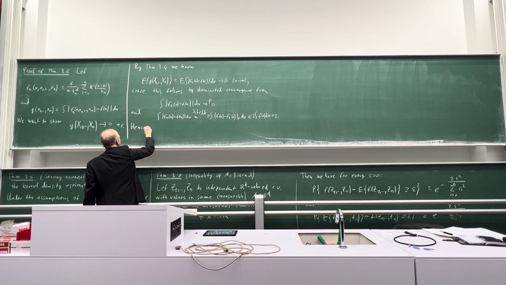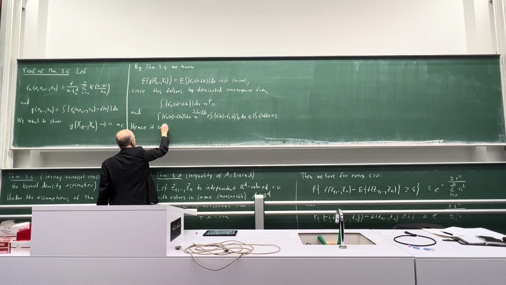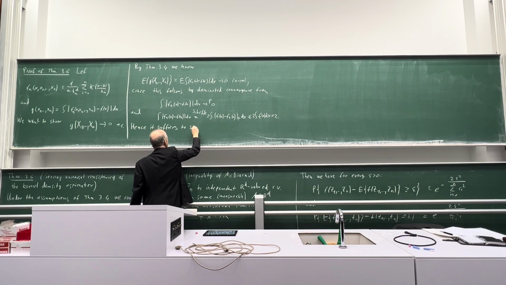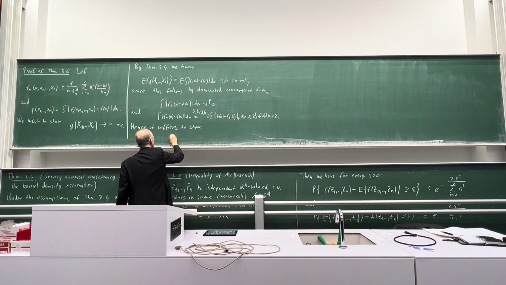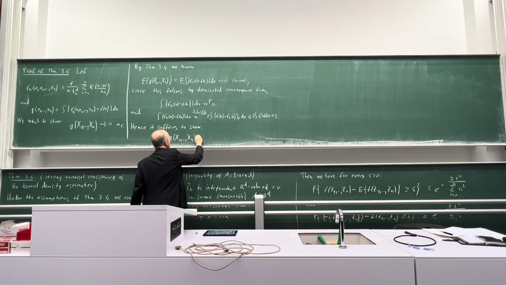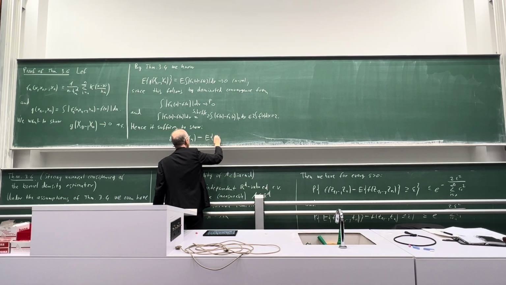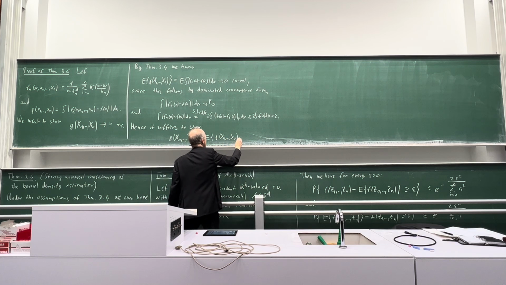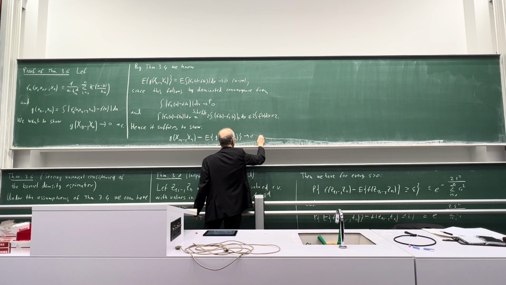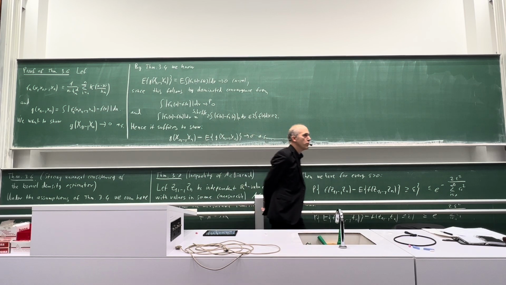Hence, it suffices to show that g of X1 to Xn minus the expectation of g of X1 to Xn goes to 0 almost surely.